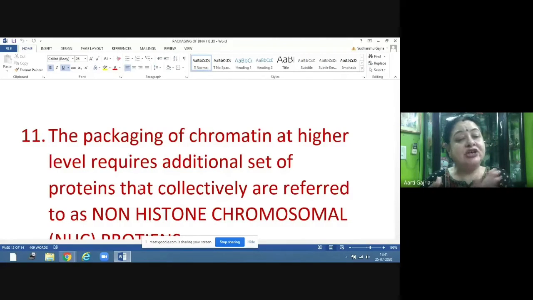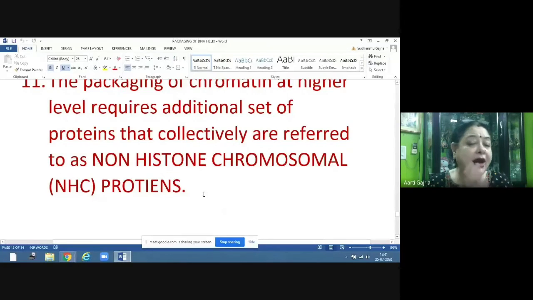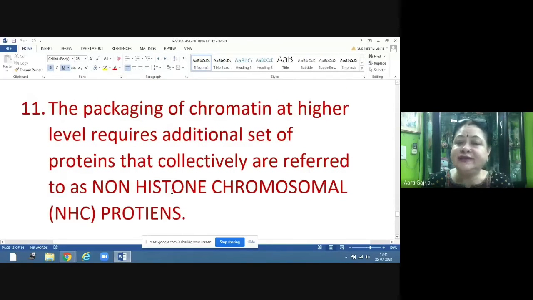The packaging at a higher level requires an additional set of proteins, which are collectively called non-histone chromosomal proteins, abbreviated NHC. So, NHC proteins.